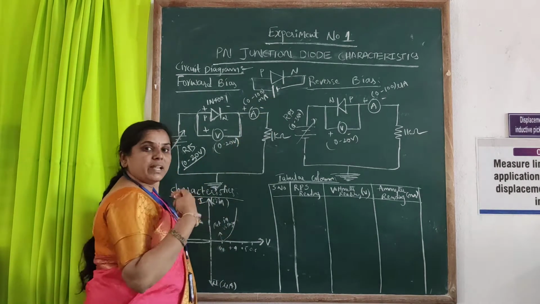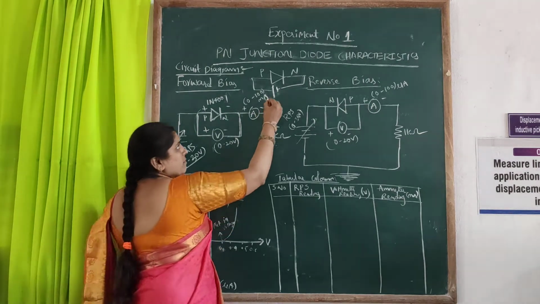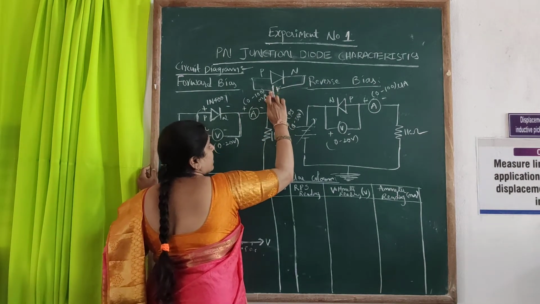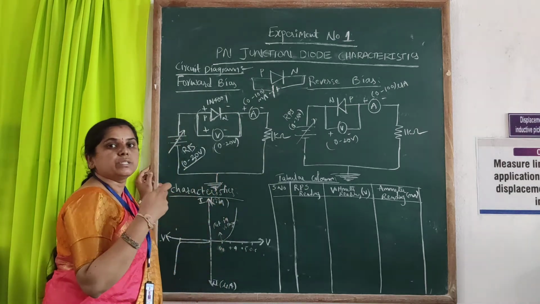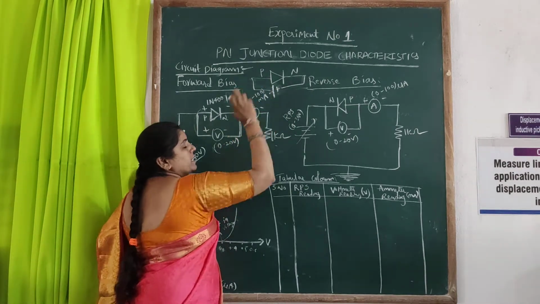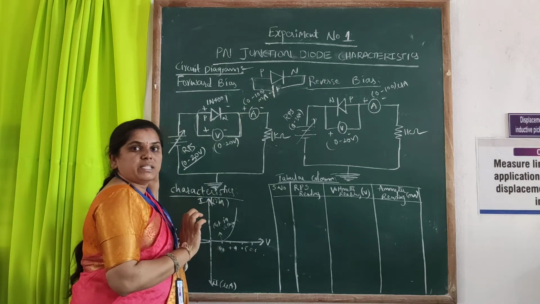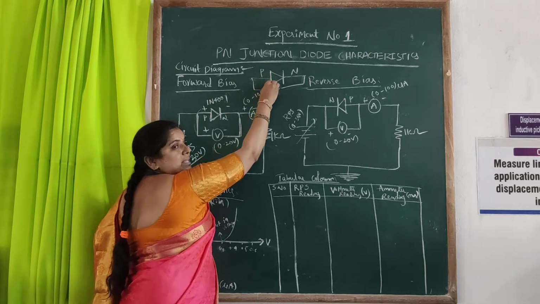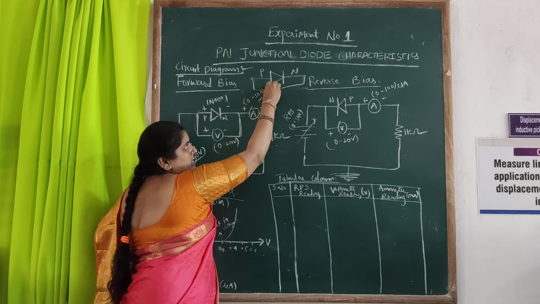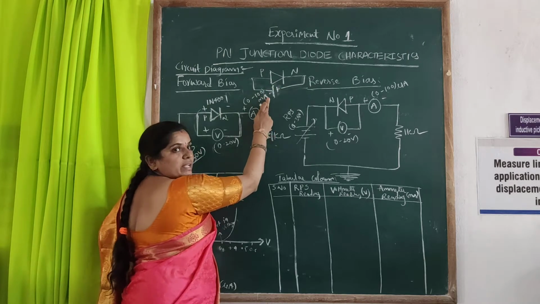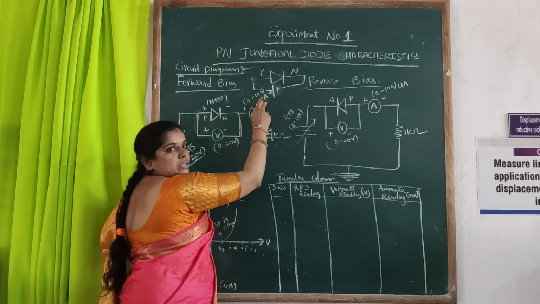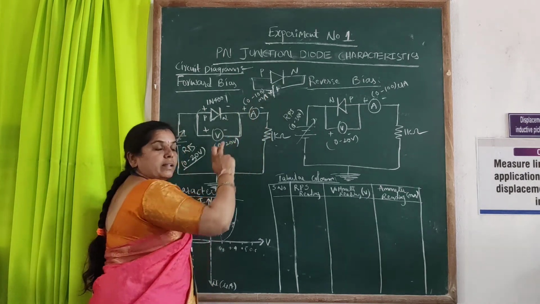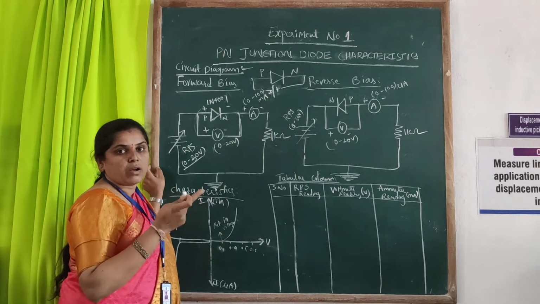So what happened in the forward bias? When we are applying this voltage to the PN junction diode, this P terminal is positive.